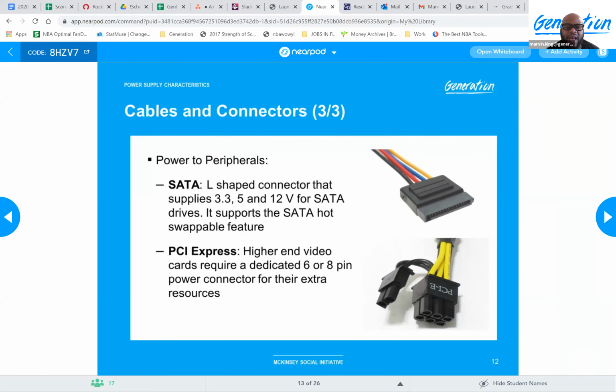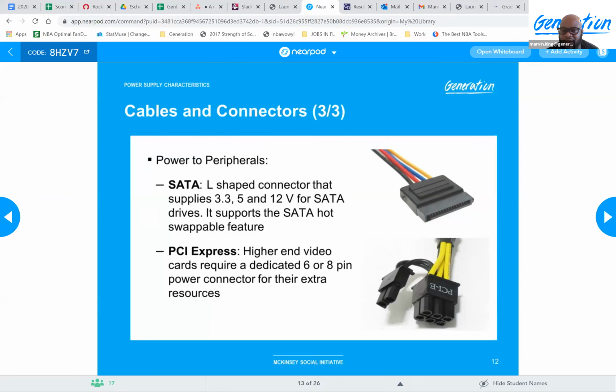I've got some more. We've got the SATA. We already know it's L-shaped, and it has the ability to supply 3.3, 5, and 12 volts. And we know that it's hot swappable. We're talking a language that we know. And now we're down to PCI Express, which is that graphics card slot, and it will require extra punch. That's why you have the ability to add more to that power connector.